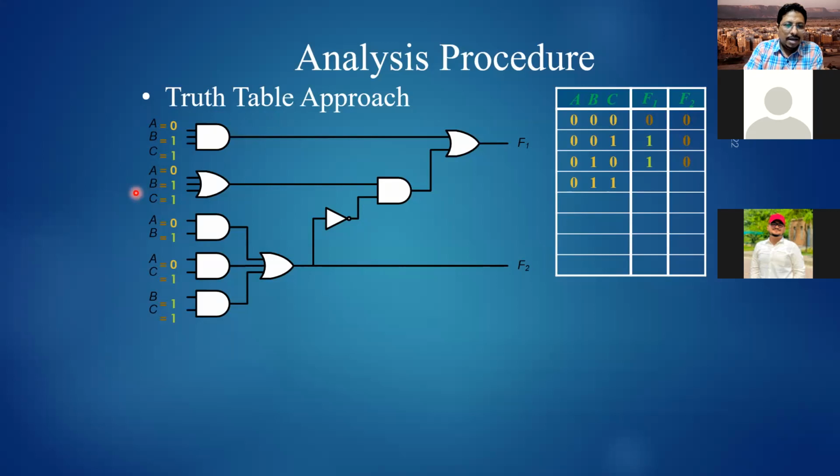Here, again, ORing 1 with anything will give me 1 because it is a type of plus. Here I'll get 0. Here I will get 0, but from here I will get 1 from BC, because both bits are 1. So when both of them are 1, the result here will be 1. When I OR them, I will get 1.